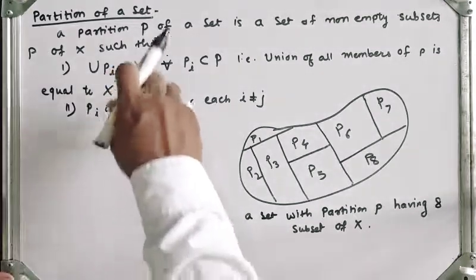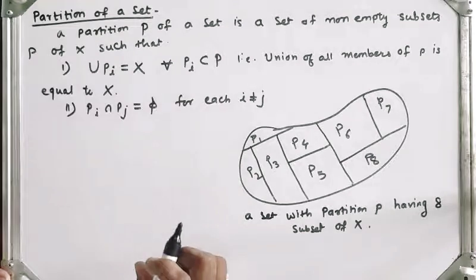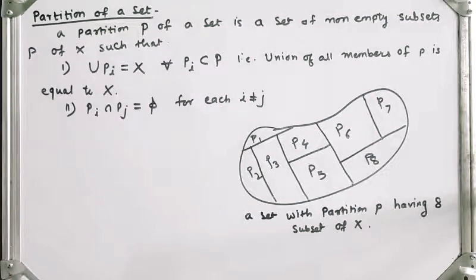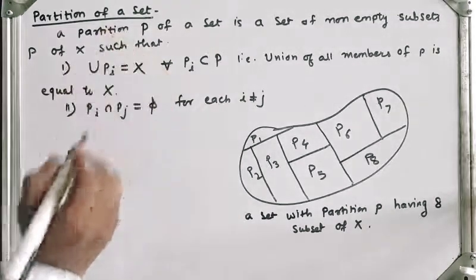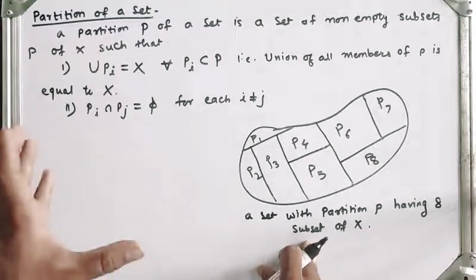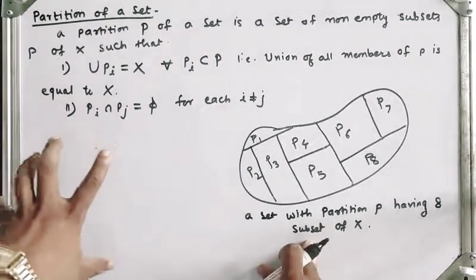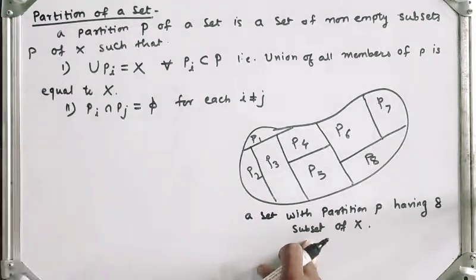If these two conditions are satisfied, then we say that the set P forms a partition. For example, in your FY BSc class, the set of all girls and the set of all boys forms a partition, because there are no common students. So in your class boys and girls form a partition.